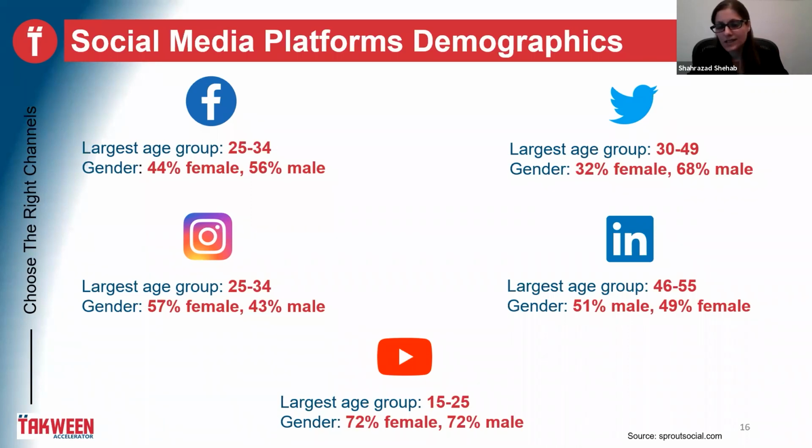Keep in mind that this data is generalized across millions of users worldwide. So if you are looking to expand your reach, we recommend looking into the demographic data from your own social media presence to see how it compares to the averages above.